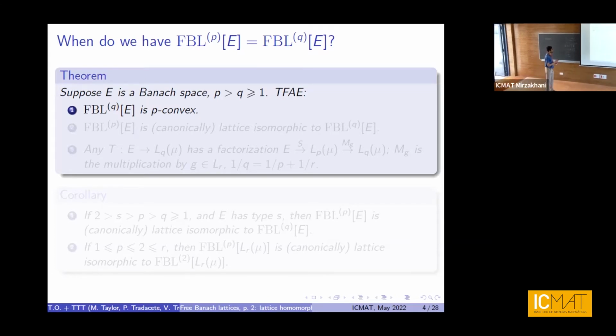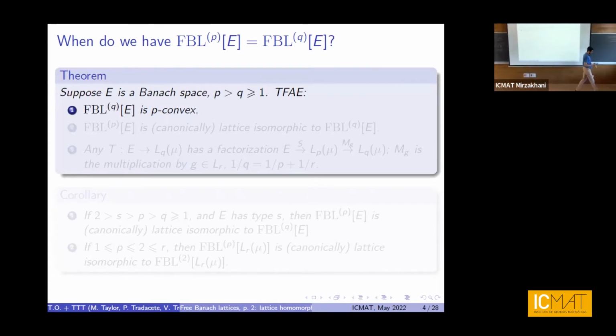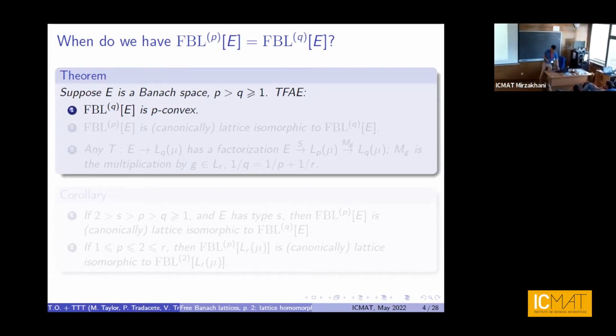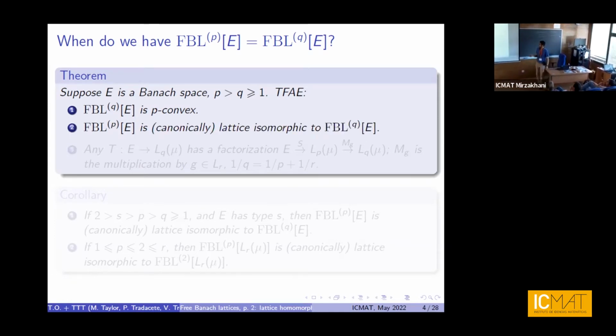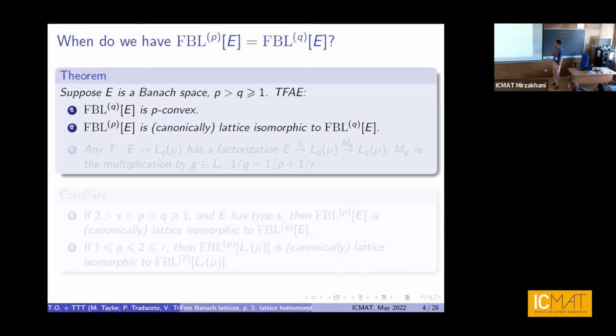In this situation, this Q free Banach lattice, of course, is Q convex by definition. So here we are imposing a stronger condition of it being P convex. So this is equivalent to the P convex free Banach lattice on E being lattice isomorphic, or canonically lattice isomorphic, to the Q convex Banach lattice.